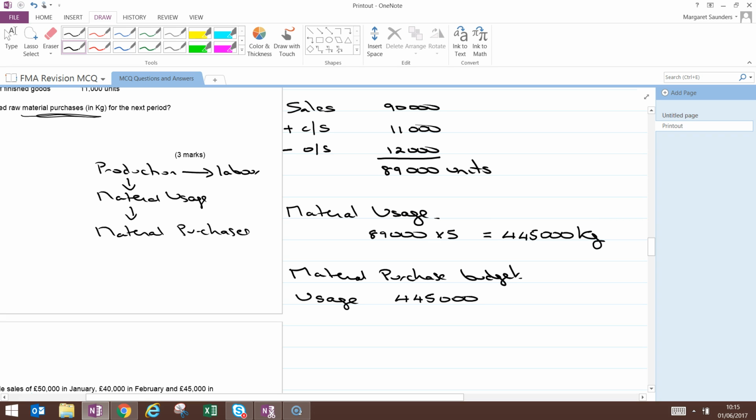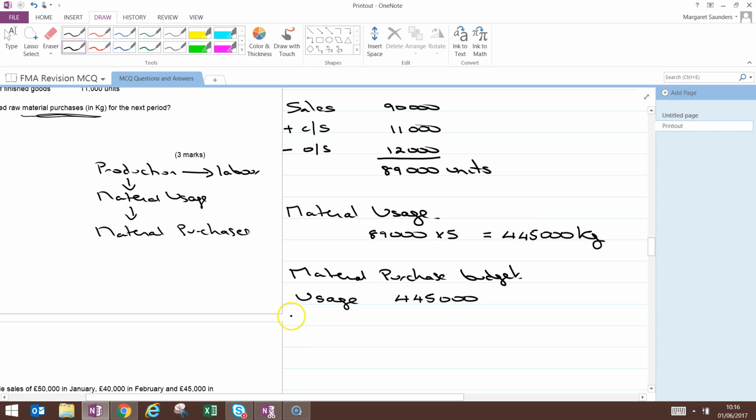Then, in the same way as we considered the stocks in production, you have to consider the stocks in your purchase budget. Is there any stocks of raw material at the start of the period? Is there a requirement to have any stocks of raw materials at the end of the period?